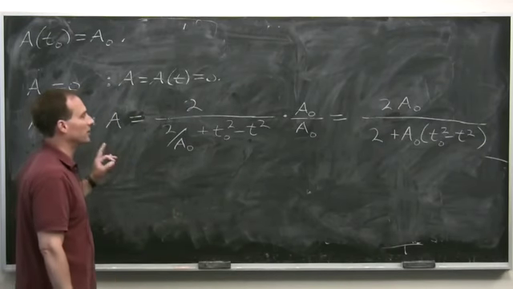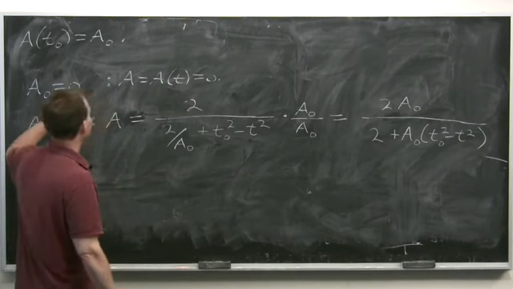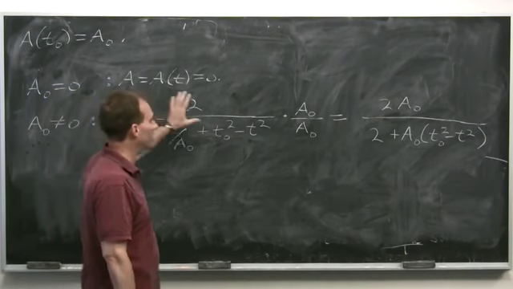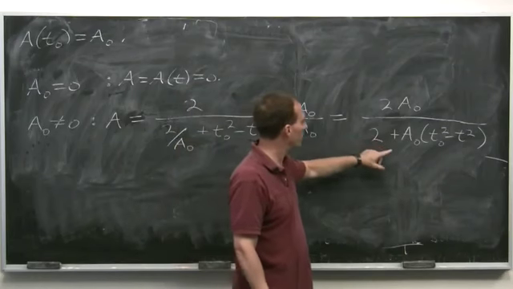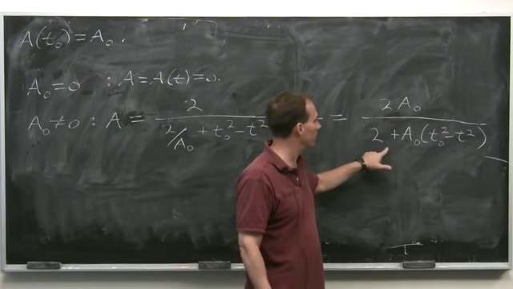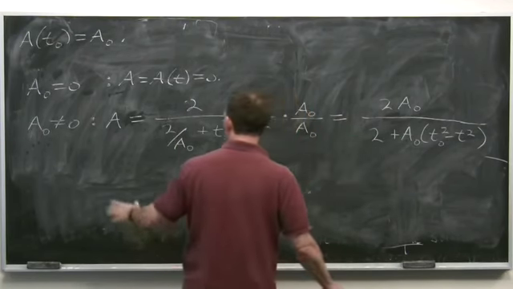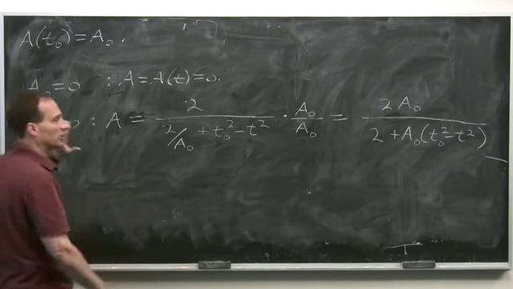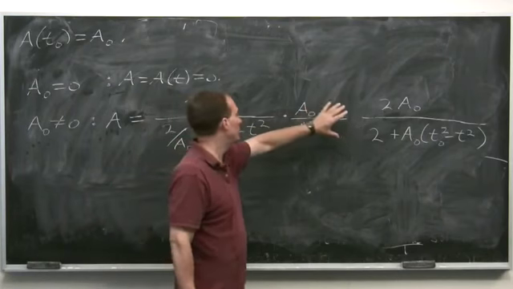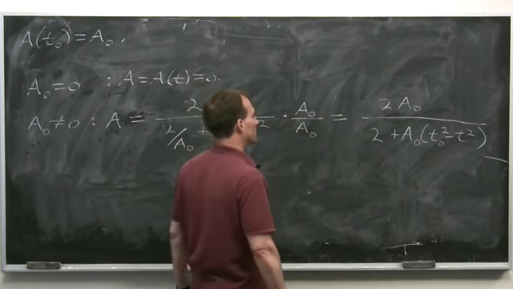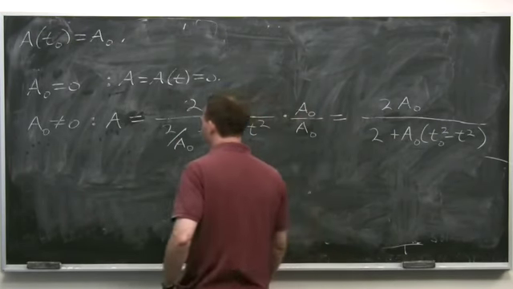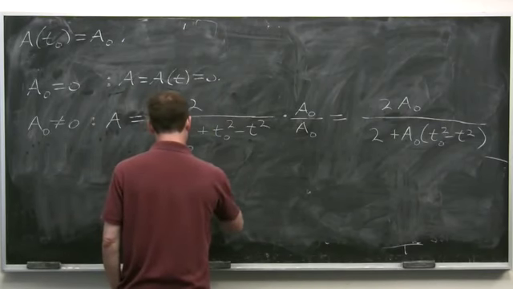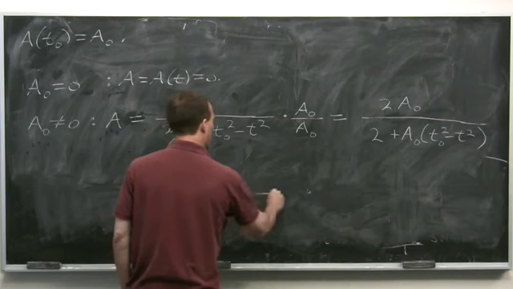What's another nice thing about it? It includes this case, because when A0 is 0, the denominator would be 2, the numerator would be 0, and we would get the 0 solution, which means if you write the solution in this form, you don't need to have two separate cases. This one way of writing the solution includes the two possible cases where A0 is 0 and where it's not.